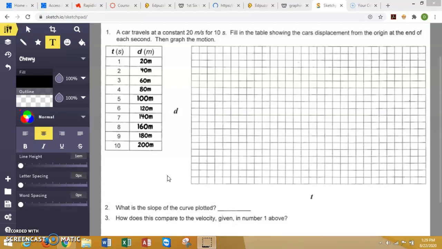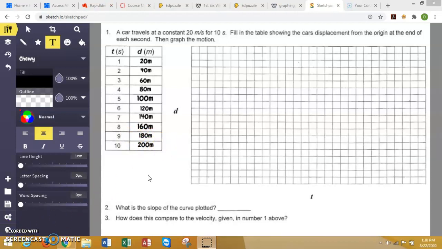So after the first second, the car would be 20 meters away from whatever starting point that we had. After 2 seconds, it's gone another 20 meters, right? Because each second it travels 20 meters. So that'd be 40 meters. And you just keep tacking on 20 meters every second. So after 10 seconds, the thing has gone 200 meters, 200 meter sticks away.